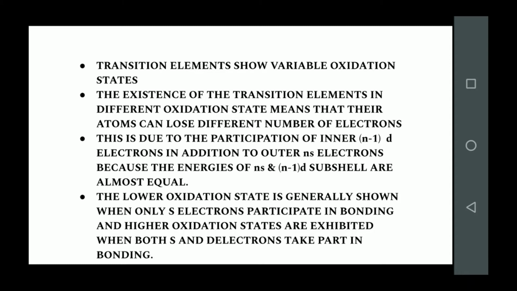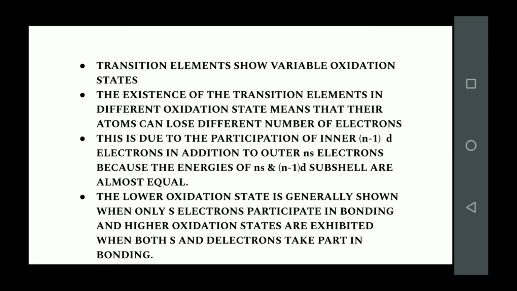Any other number of electrons cannot be shared or lost by scandium. It can only share 3 electrons. But most of the other elements can share different numbers of electrons. This is the reason.